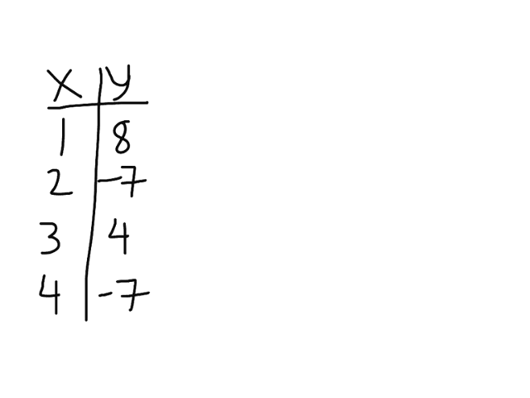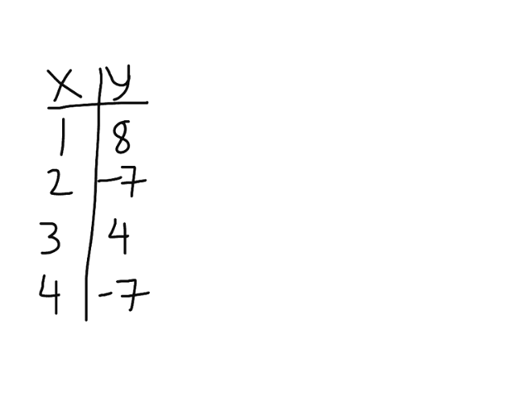That's a function because every input value has a unique output value. If I give you the input x equals 1, there's only one output value you can give me, 8. Similarly, if I give you x is 4, there's only one output value you can give me, -7.